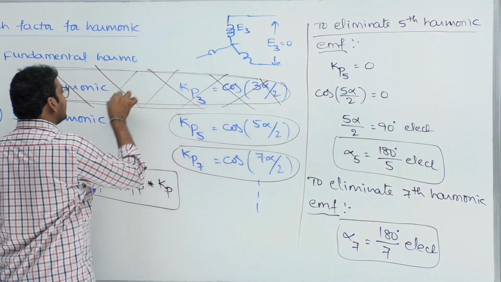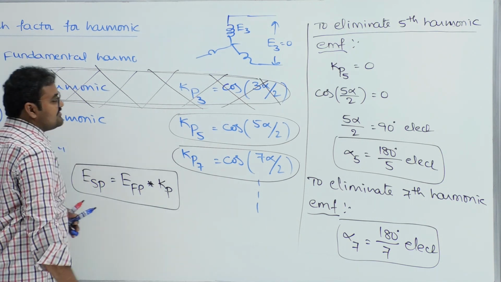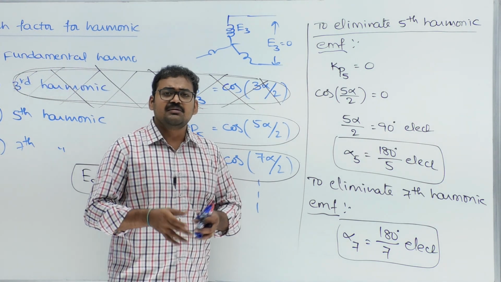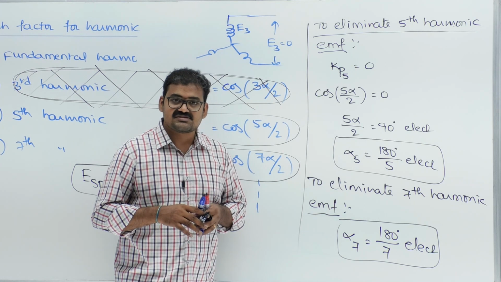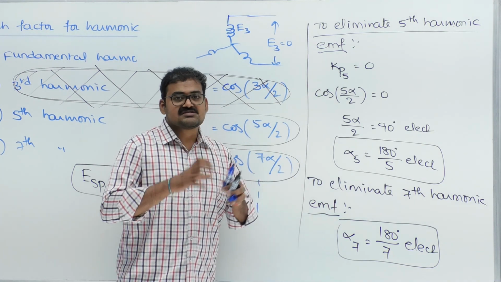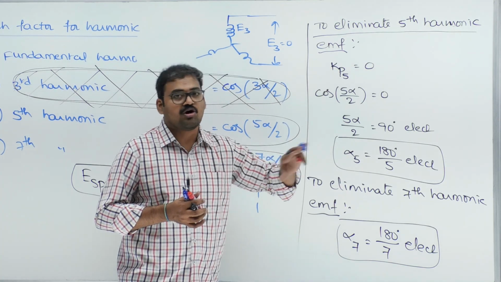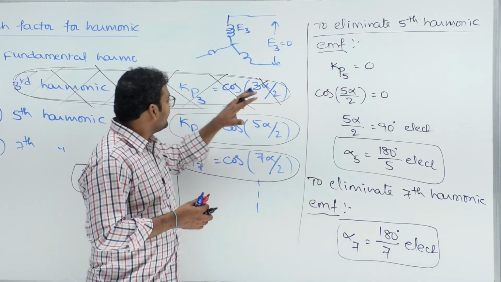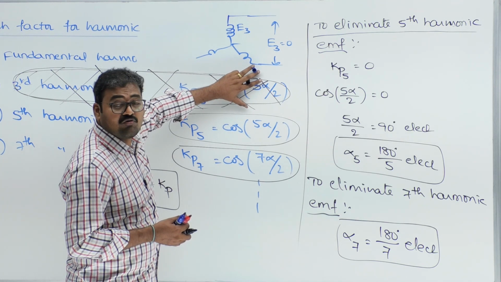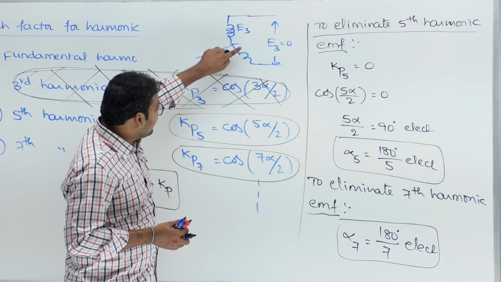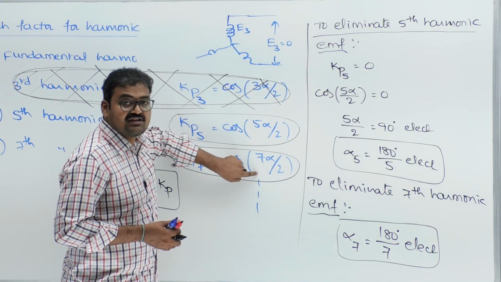If it is a delta connected winding, then the third harmonic EMF is effective. But as I told you, in the majority of synchronous machines, the armature winding is star connected. That's why the line voltages do not have a third harmonic EMF component. If third harmonic EMF components are not available, then what are the effective voltages? Fundamental, next fifth, seventh.